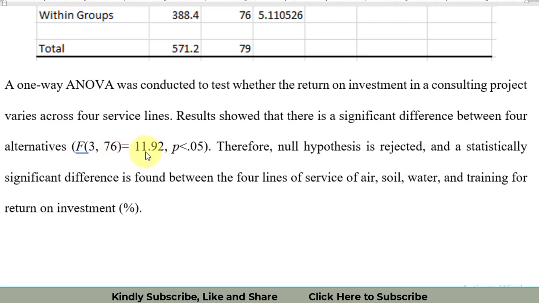F statistic value is equal to 11.92 with a p-value less than 0.05. Therefore, we reject the null hypothesis, and a statistically significant difference is found between the 4 lines of service for air, soil, water and training for the return on investment.